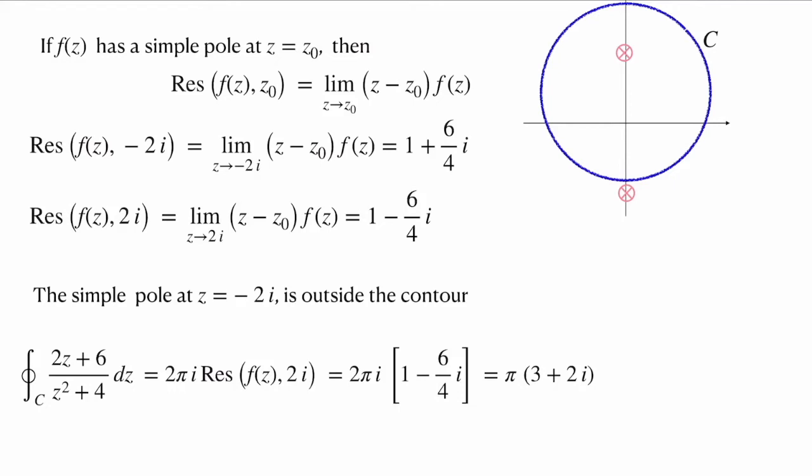That is equal to 2 pi i into 1 minus 6 by 4i, and that is equal to pi times 3 plus 2i. So this is the value of the integral. In general, it's a complex number, and that is what you get as an integral in the complex plane.